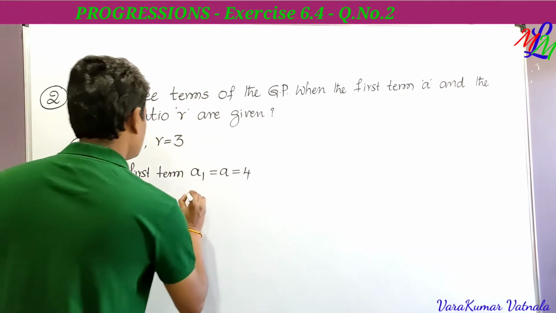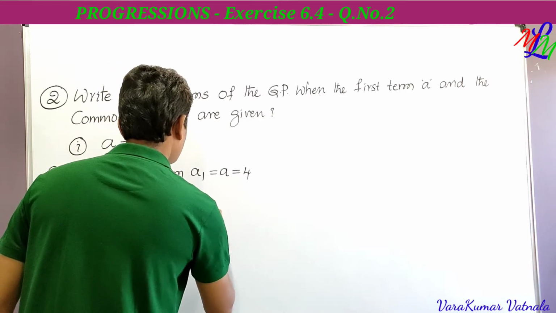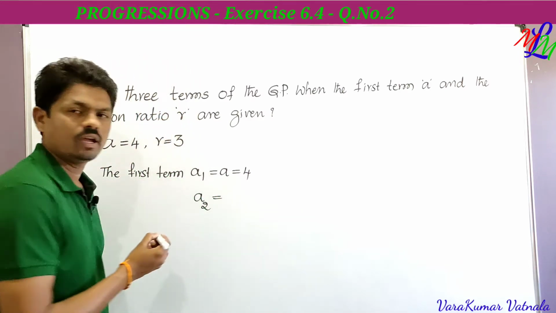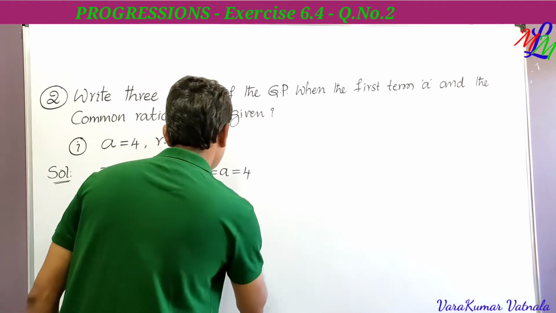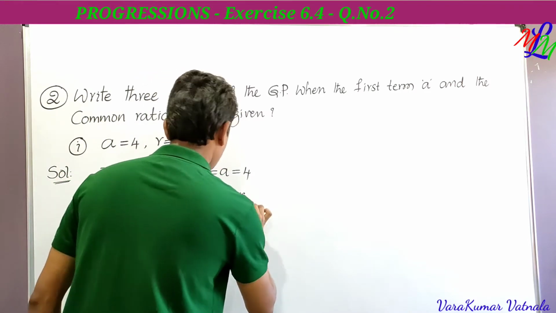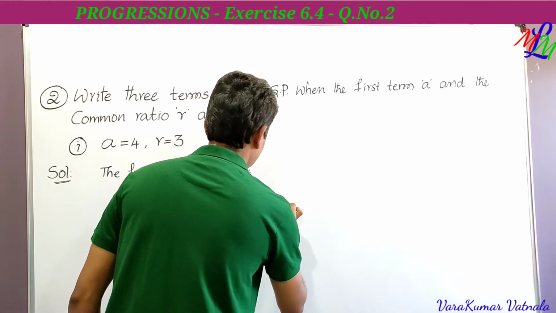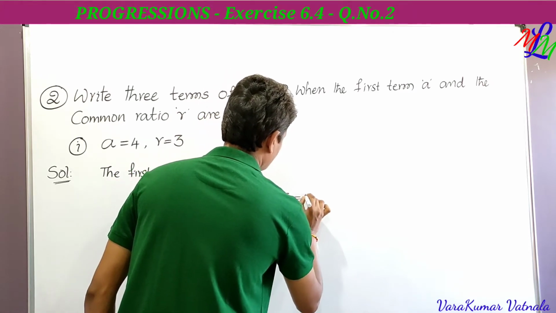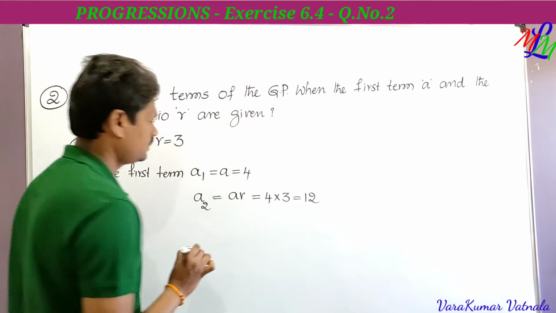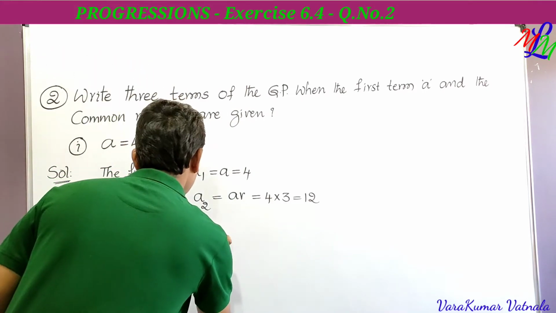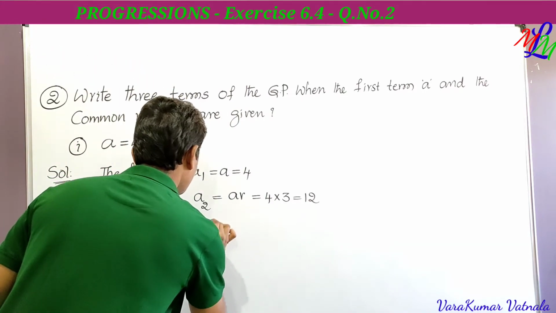So the second term A2 is equal to, how can we write A2? A into R. So A value is 4 and R value is 3. 4 into 3 is 12. This is the second term, and the third term is A3.